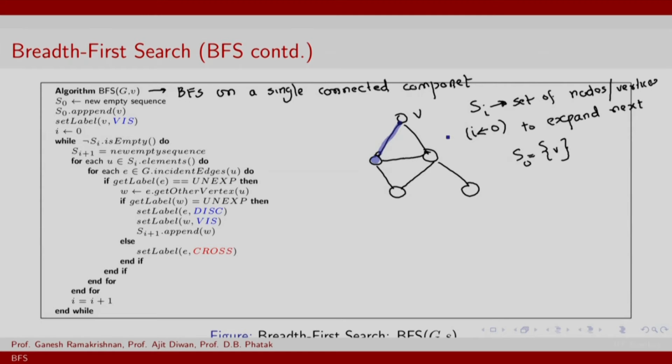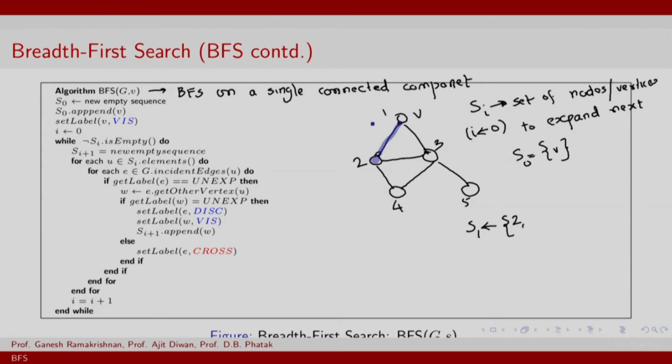W, and in fact you are going to add each of these to S i plus 1, which is now S1. S1 will now contain this node 2. Let us just give them numbers 1, 2, 3, 4 and 5. So S1 will contain the node number 2.